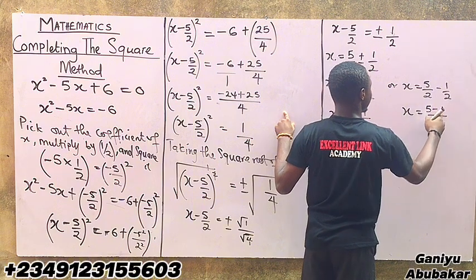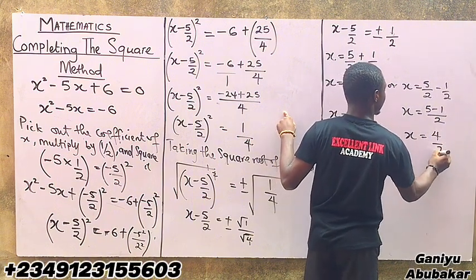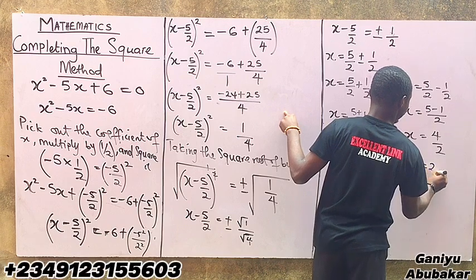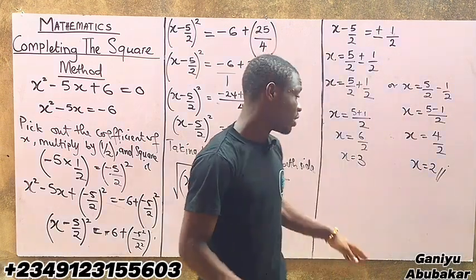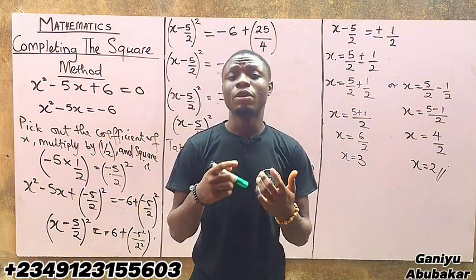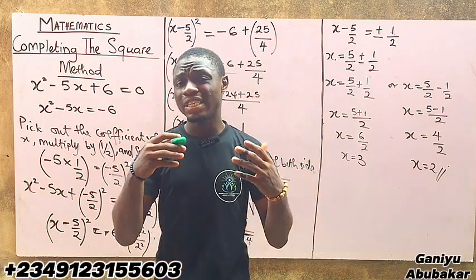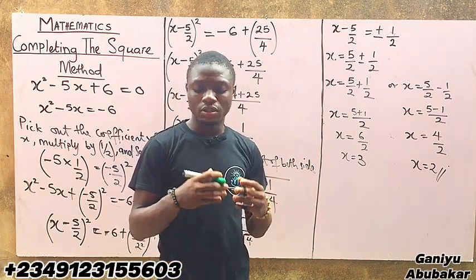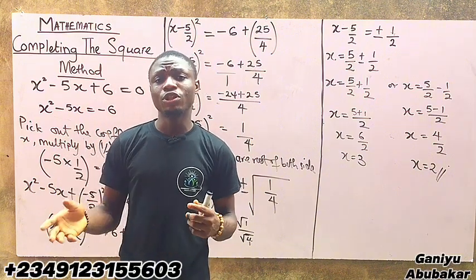So x is equal to 4 over 2, which is 2. So when I used the general method, I had this answer for this same question. When I use the formula method, I have the same answer for this question. So this is the idea and concept of how to solve problems using the completing the square method.